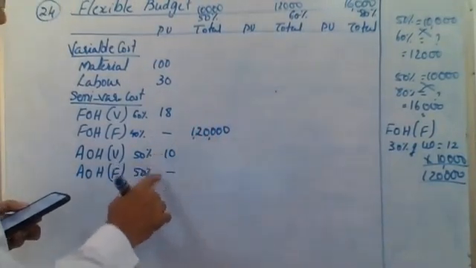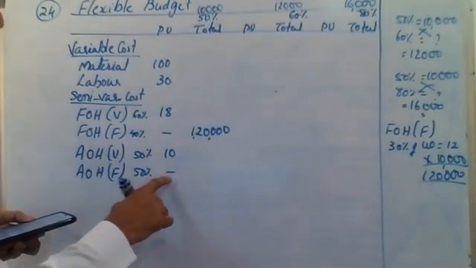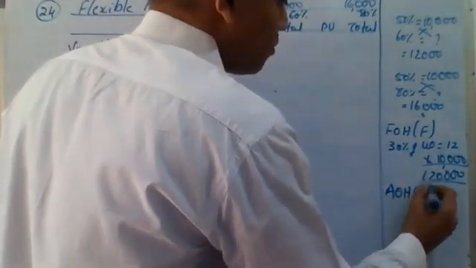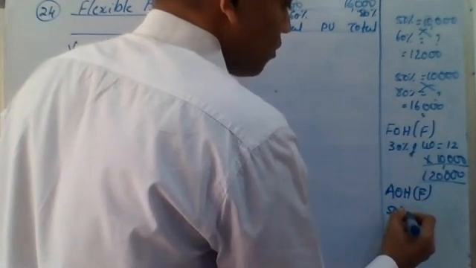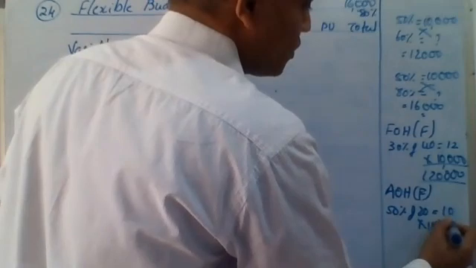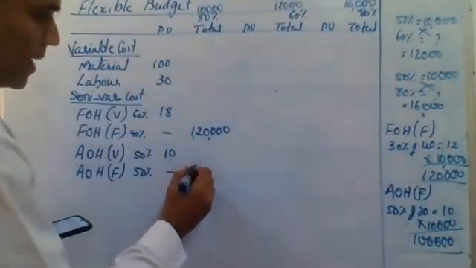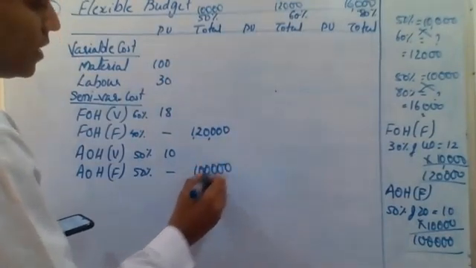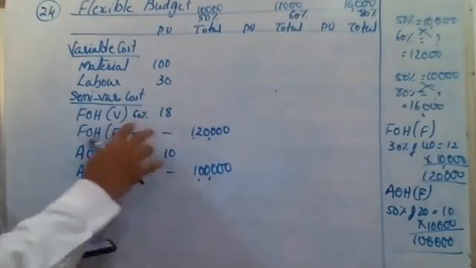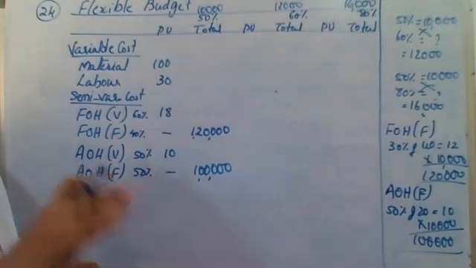Similarly, in this 20 rupees, 50% is variable. So another 10 rupees is fixed. So administration overheads fixed component, that is 50% of 20, that is 10 rupees, multiplied with 10,000 units, gives me 1 lakh. So I will write this 1 lakh here, because I have been telling you that fixed cost we will write in total only. We will not write per unit. The moment you write per unit, you will make a mistake. So never write fixed cost per unit.